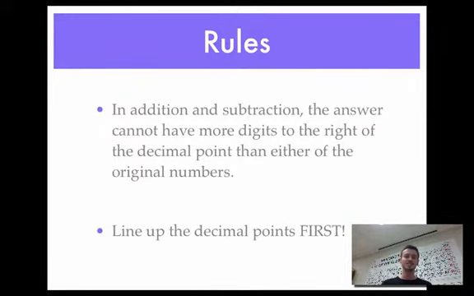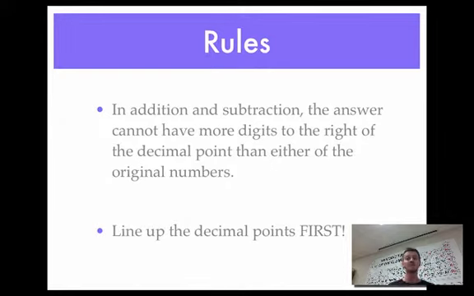In addition and subtraction, the answer cannot have more digits to the right of the decimal point than either of the original numbers. So when I do my problems, I'm always going to line up my decimal for addition and subtraction. Then I'm going to look at how many places to the right of the decimal all of my numbers go.